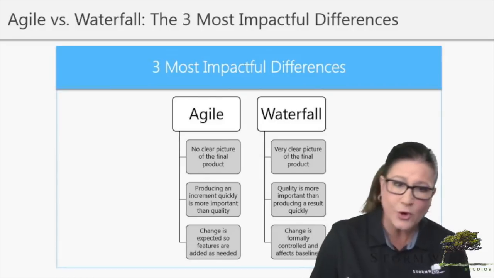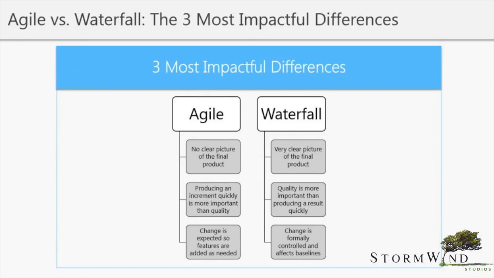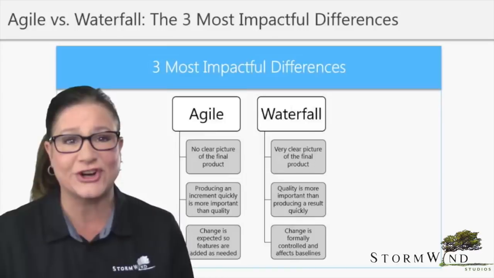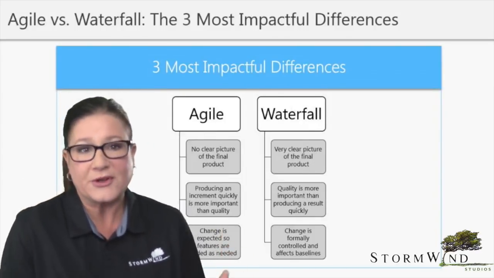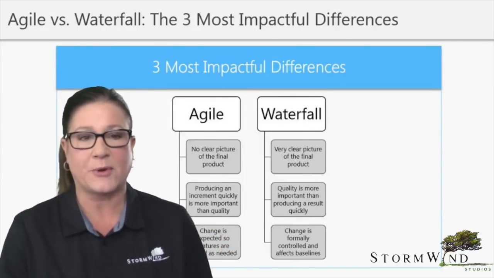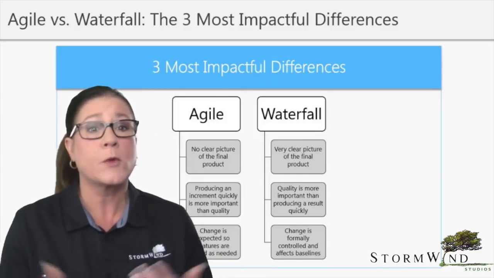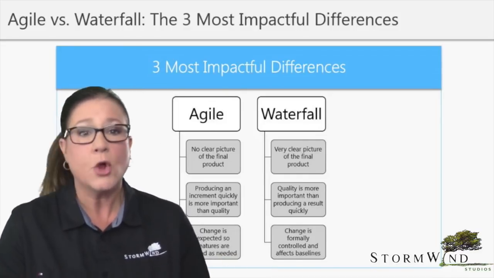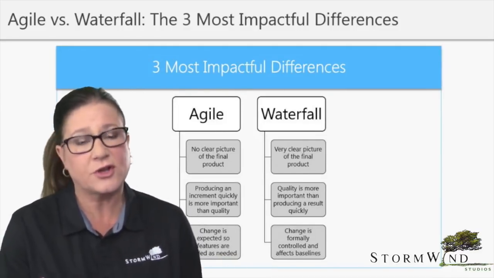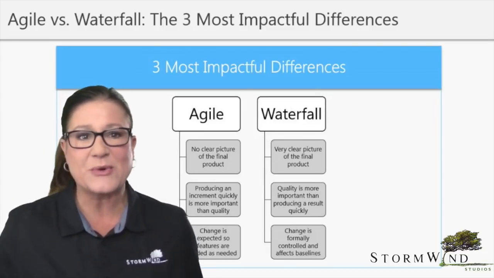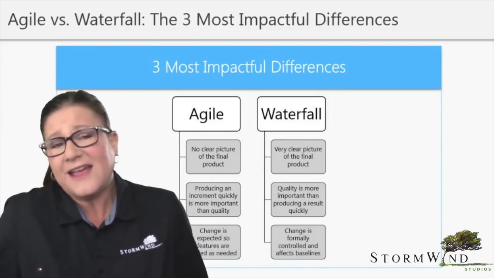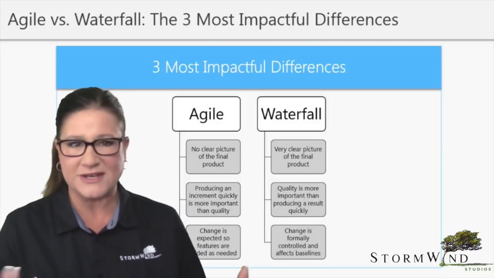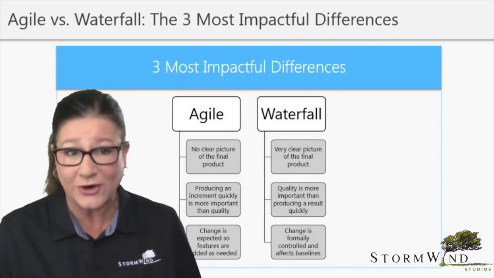But when we're talking more about a waterfall environment, we've got a very clear picture of the end result. I mean, we're building a bridge. We're building a skyscraper. We're building a housing development. We're mass producing bicycles. We know what the end result is supposed to look like. That doesn't mean that we don't have to collect requirements and that things change, because they always do. You've probably heard the term scope creep.